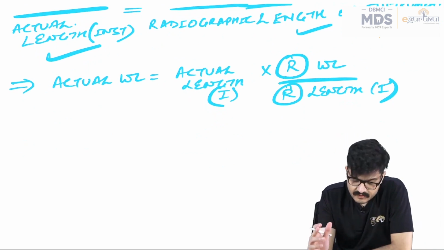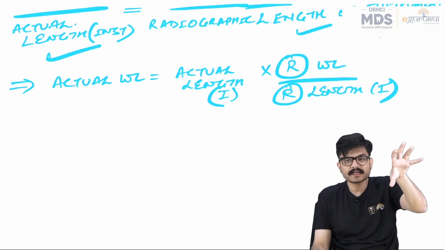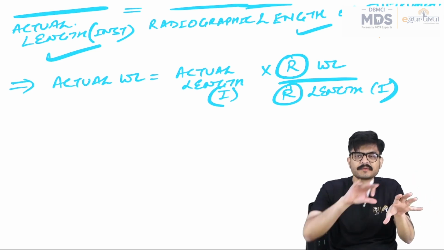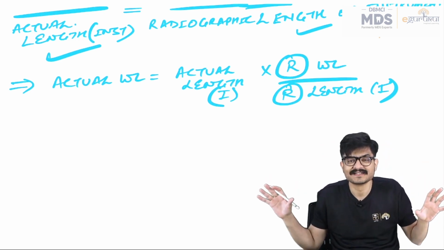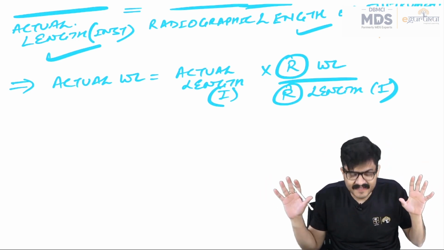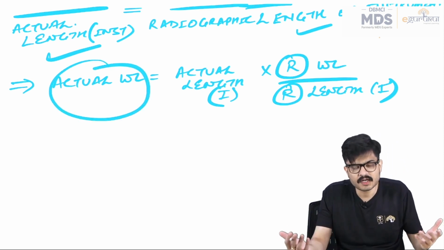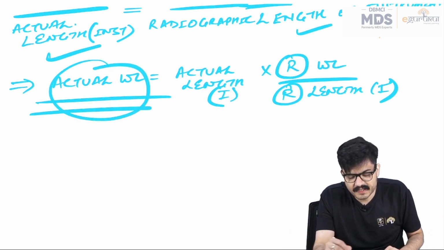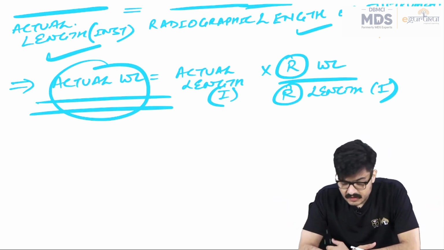Right, friends? This is based on the fact that ratios would be the same. So actual working length divided by the actual length of the instrument would be equal to the radiographic working length divided by the radiographic length of the instrument. When I know 3 values out of 4, I would take a cross product and I would get the value of actual working length. So that's your Grossman's formula.